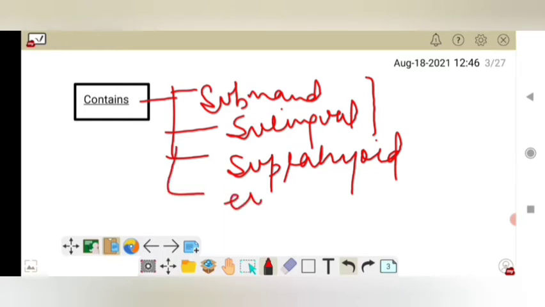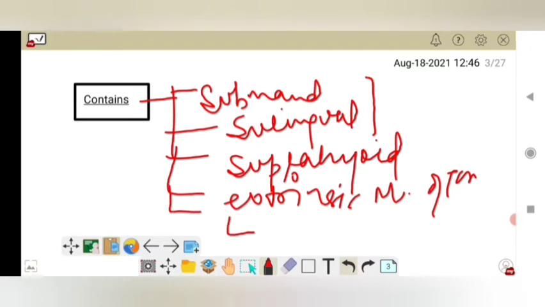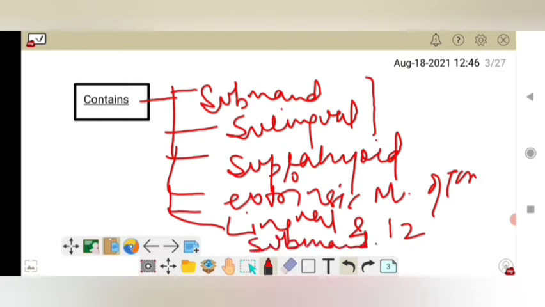The extrinsic muscles of the tongue include hyoglossus, genioglossus, and styloglossus. Two nerves: the lingual nerve and cranial nerve 12, that is the hypoglossal nerve. One ganglion, that is the submandibular ganglion. These are the contents of the submandibular region.